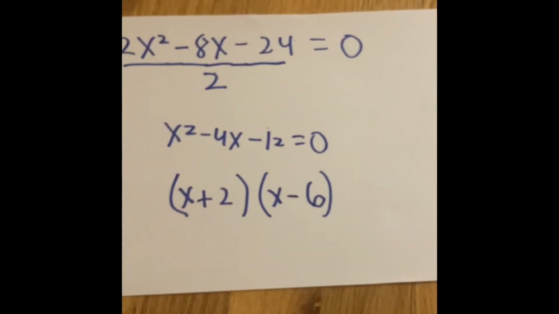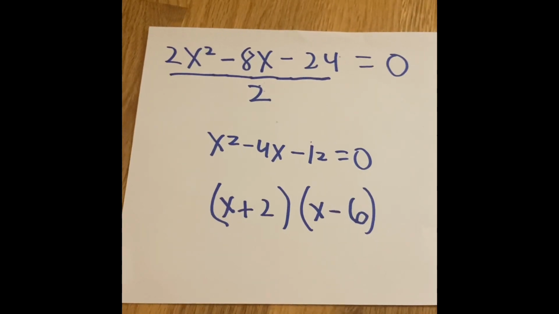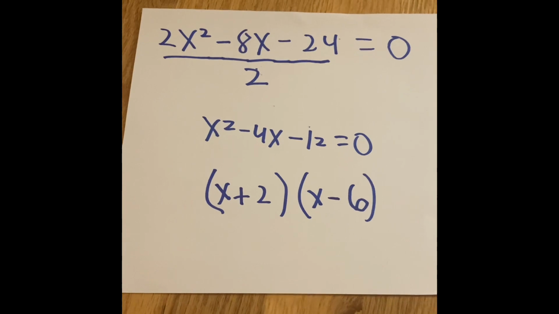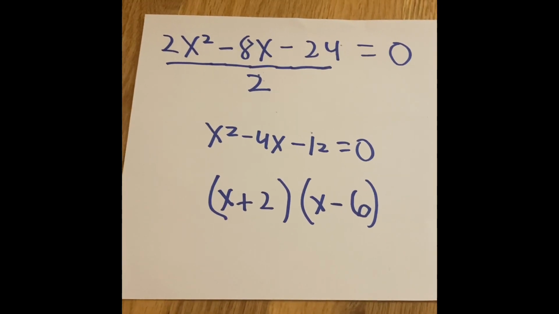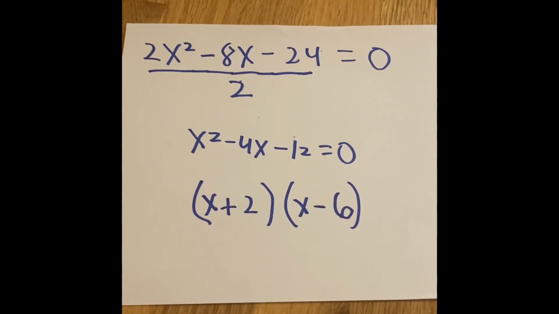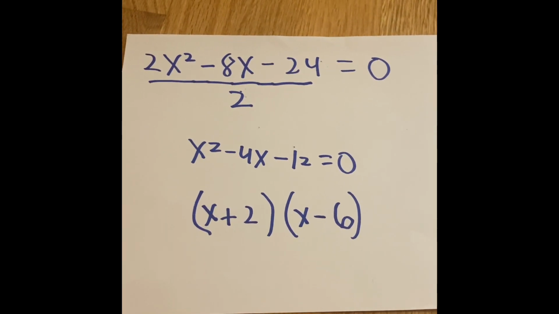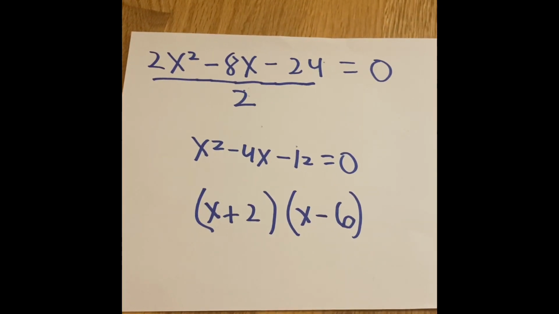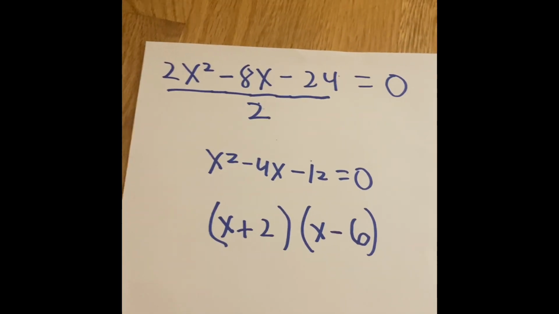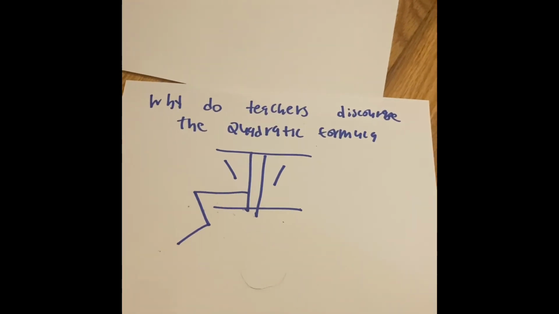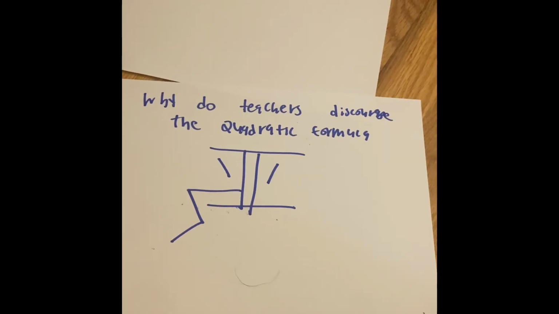When you factor, no matter what exponent is right after the x, it will still work. Factoring also doesn't require many steps. It requires a lot of thinking, but not a lot of guessing and checking, and there's a low probability of making a mistake. So that is the reason why teachers discourage the quadratic formula.